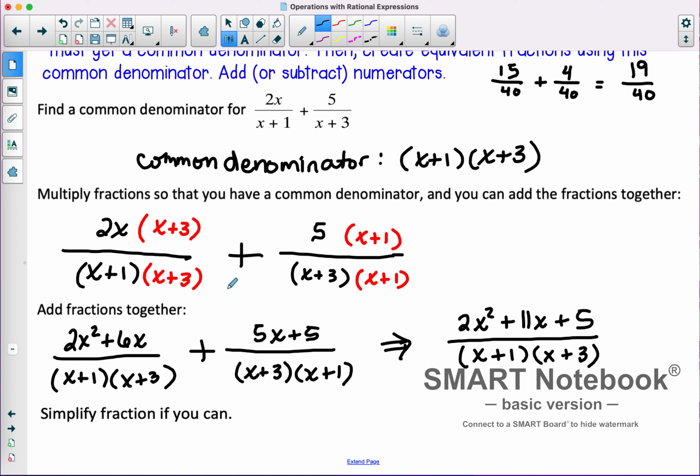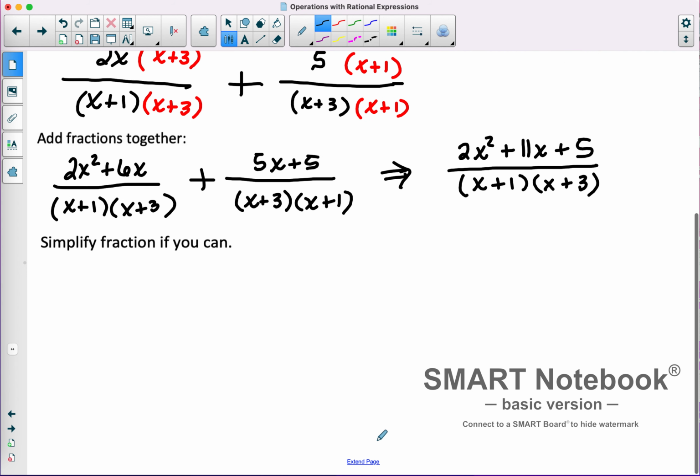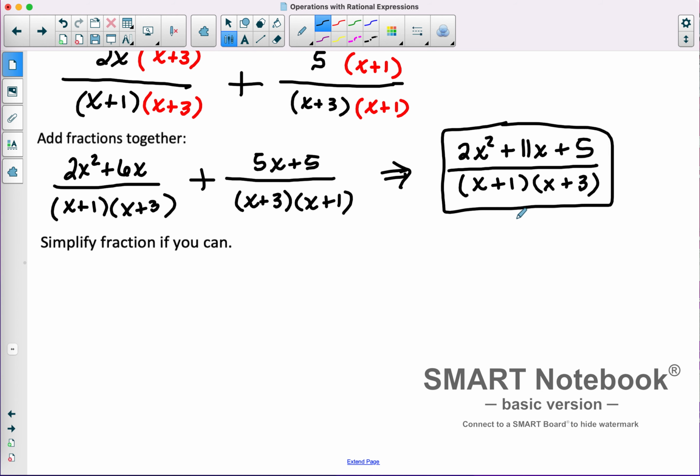We do want to check to see if these things can simplify. So maybe that is our final answer. Maybe that's as simplified as it's going to get, but we would need to double check. And we check to see if there's a common factor to simplify further. So let's look for a common factor.